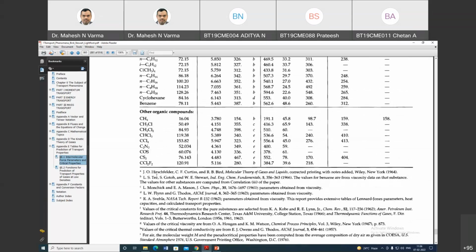This is not a compilation of all the information available in literature; this is the compilation of information which you need.